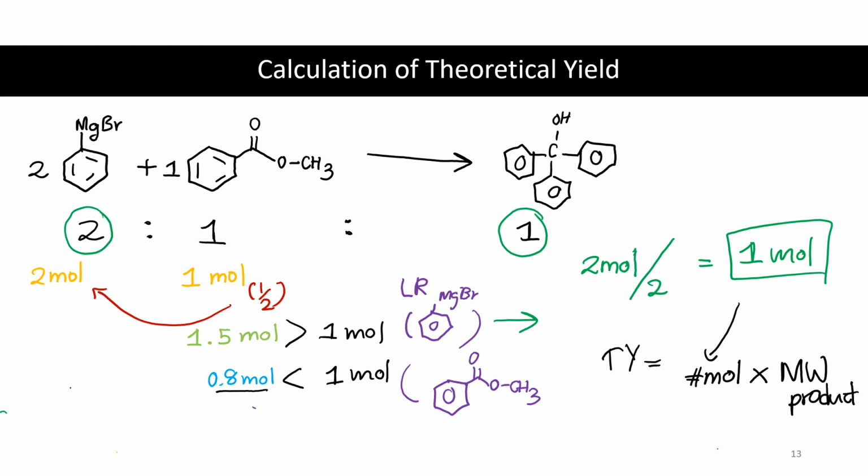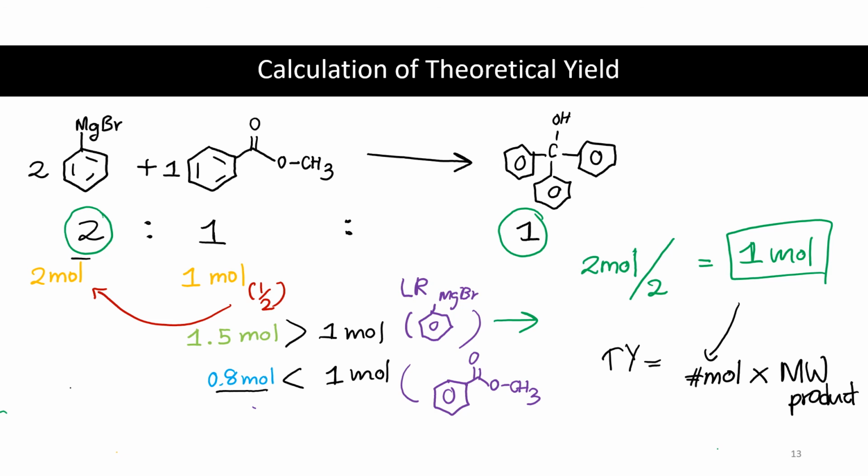I saw in a few lab reports, students forgot to use the molecular weight of the final product, and they just used the molecular weight of a reagent, or they forgot to use the amount that was calculated based on the numbers that were weighed for the experiment. So make sure you pay attention to these kind of details, and you should be able to calculate whatever the molar ratio is.